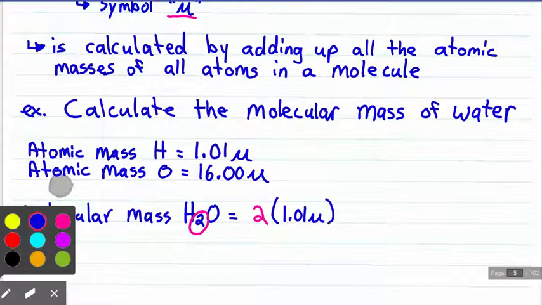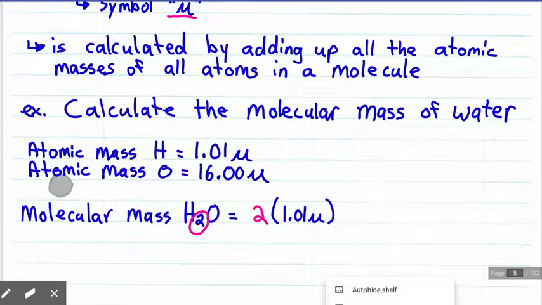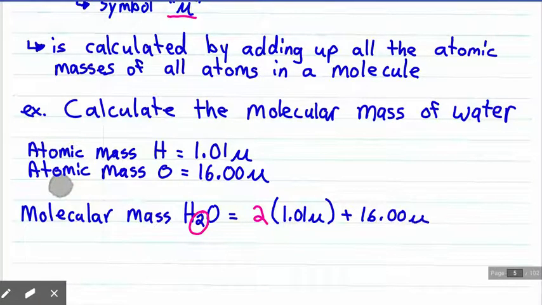So it ends up being 2 times 1.01 U plus 1 oxygen atom, so 16.00 U. There's only 1 oxygen, so we do not have to multiply that by anything.